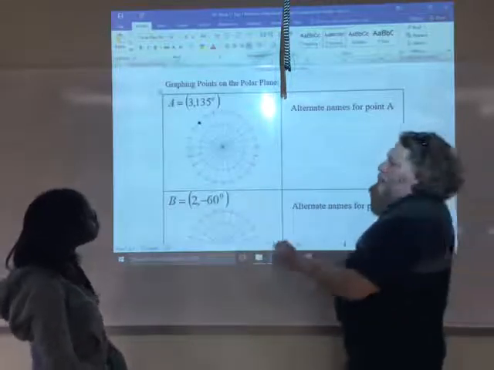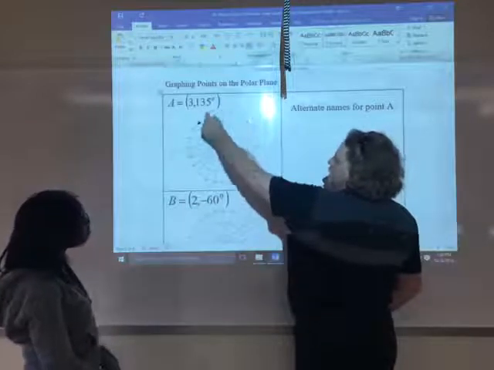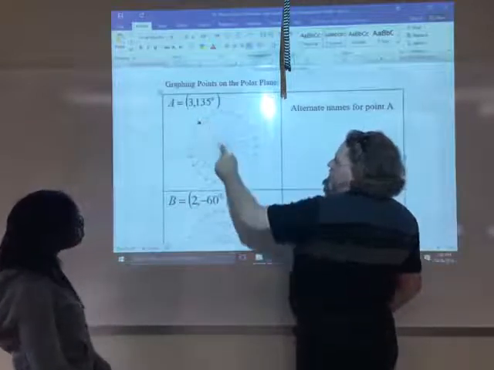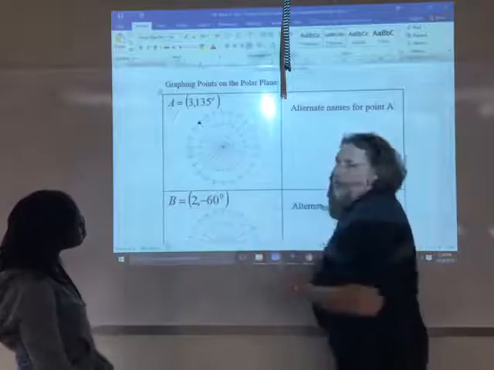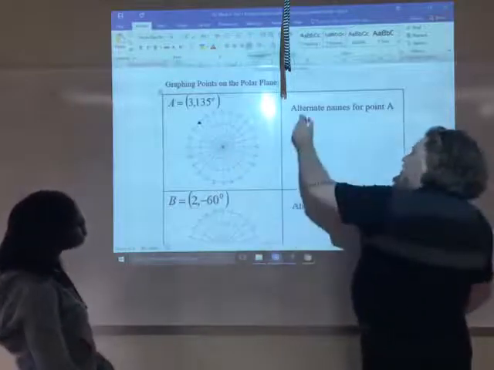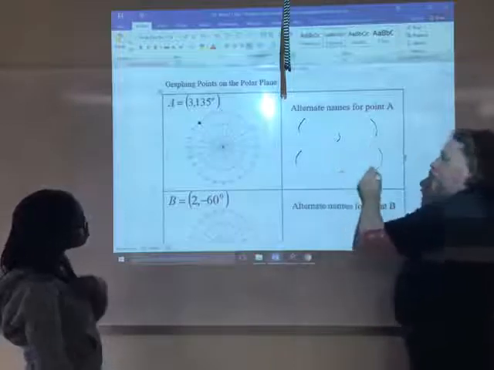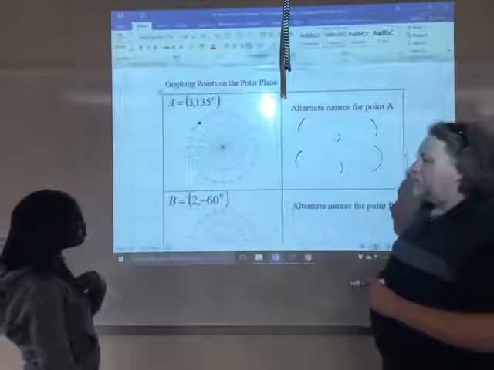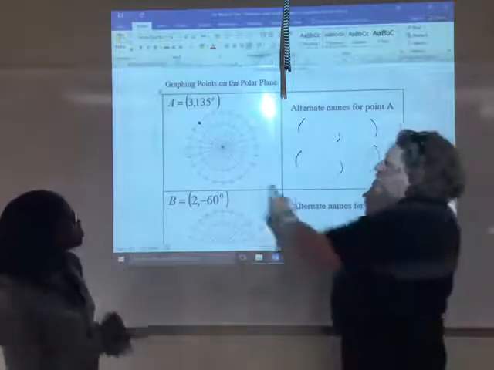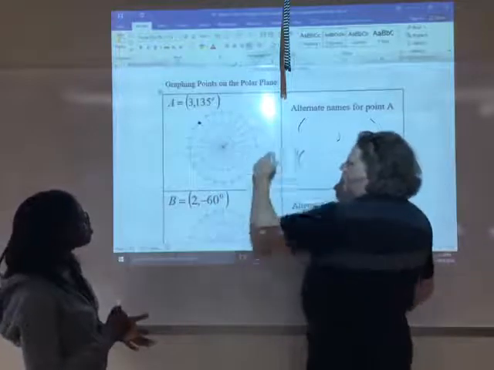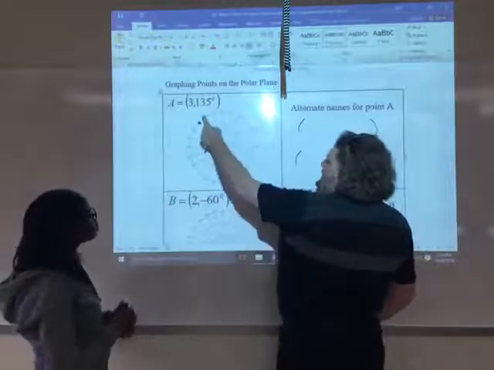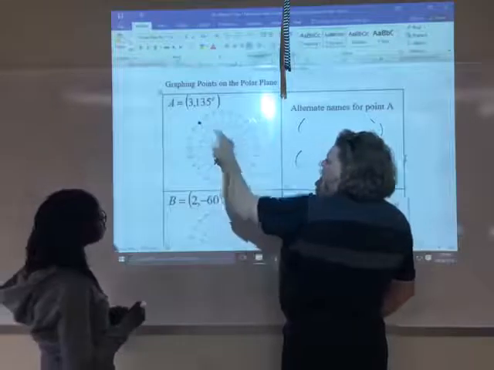So that's telling me go 135 degrees anti-clockwise and then go forward 3. But I wonder if there aren't some other names we could come up with. And I'll bet we could come up with at least 2. So what do you think? How else could we get to here other than going anti-clockwise 135 and forward 3?